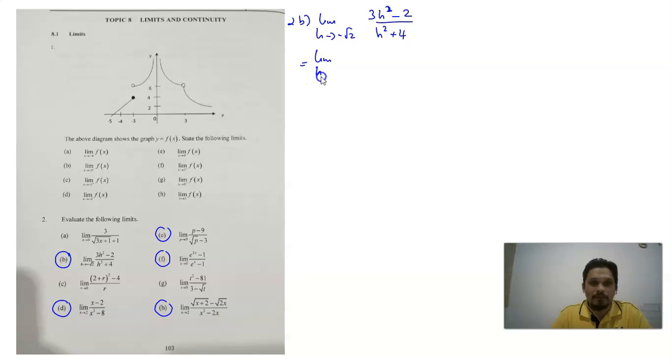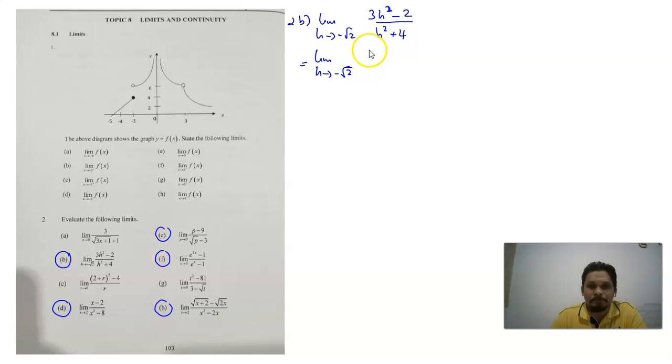In this case, if we directly substitute the value of h, negative square root of 2, into the function and it gives you something over 0 or 0 over 0, then we stop. We're not going to directly substitute; we're going to do something else, maybe factorization or multiply with the conjugate.